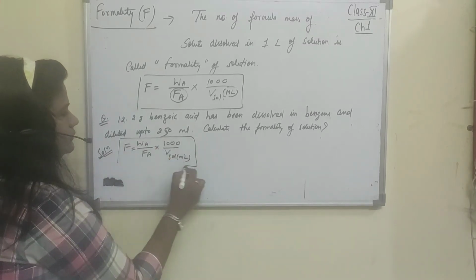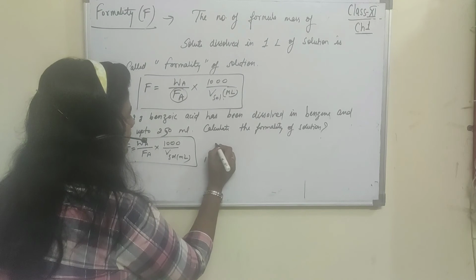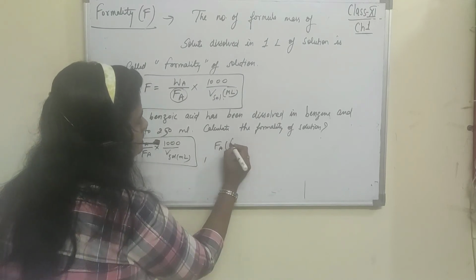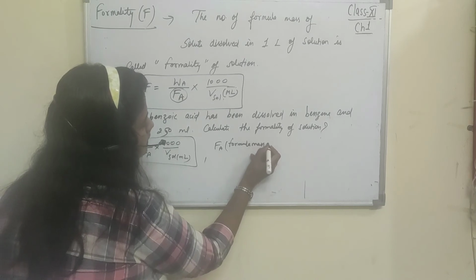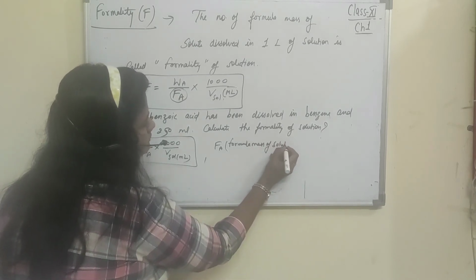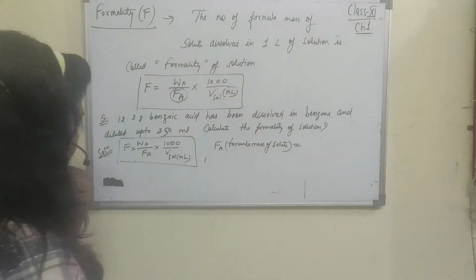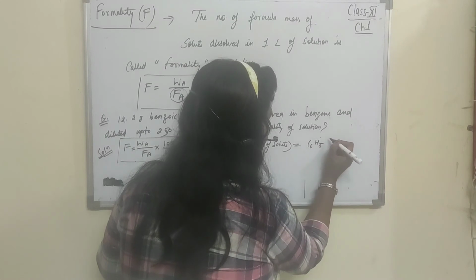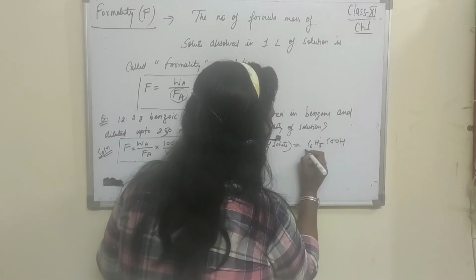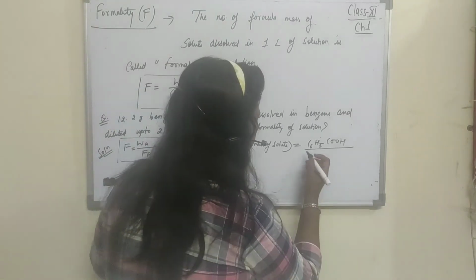This is the formula. By substituting, we calculate the FA, the formula mass of solute, benzoic acid, C6H5COOH. This is the formula of benzoic acid. So first of all we will calculate its molecular mass.